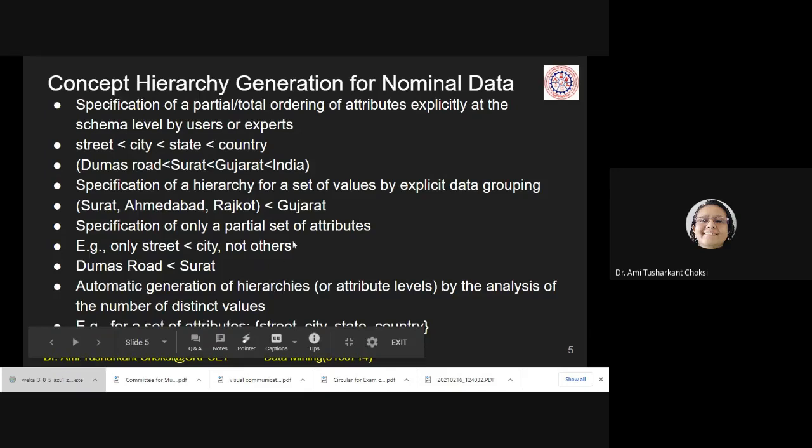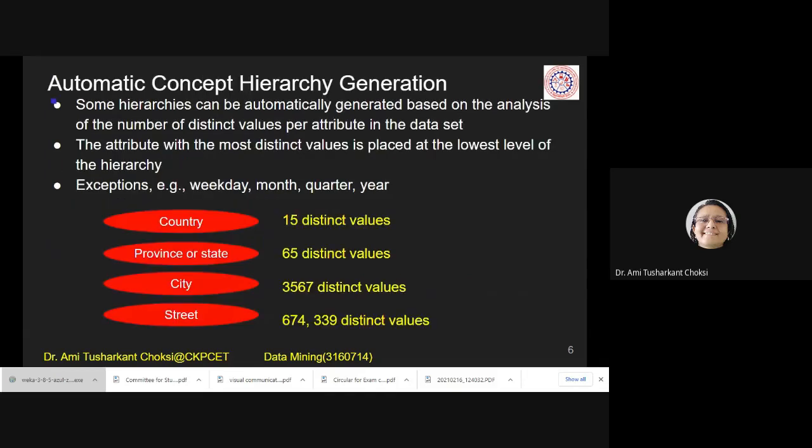So what? As for example, a set of attributes for street, city, state, and country. Right? So let us check it out. Automatic concept hierarchy generation. We want to automatically generate the concept hierarchy based on the distinct values. Okay, so let us check it out.